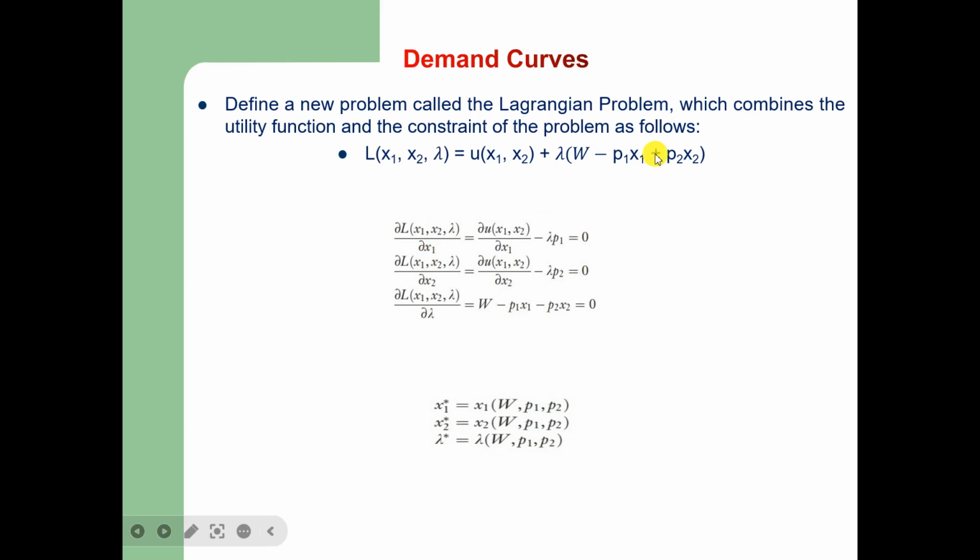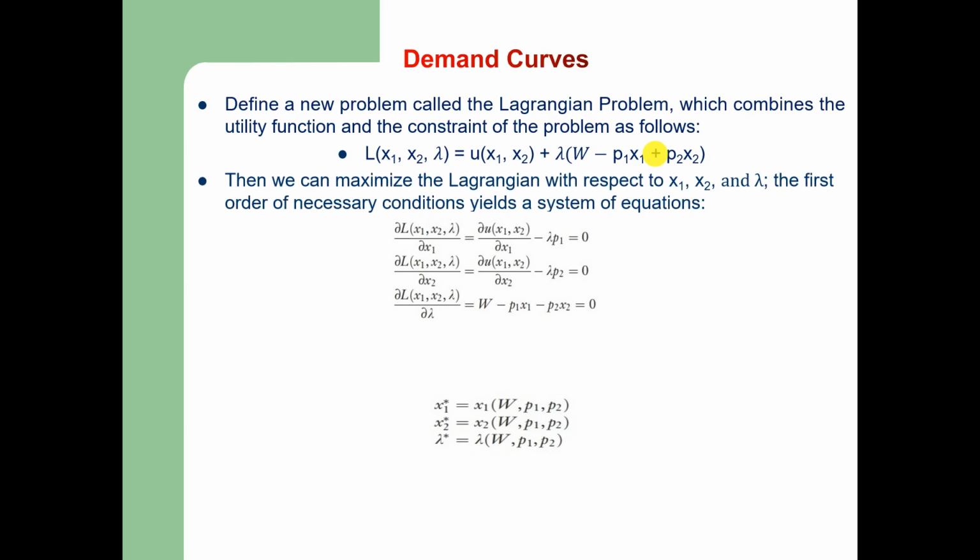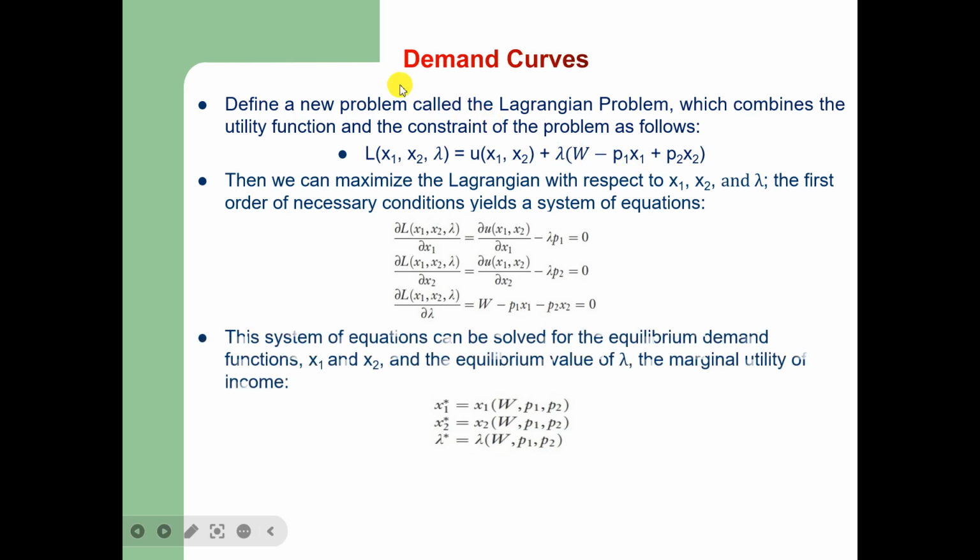So this is the Lagrangian expression, and then we can maximize the Lagrangian with respect to x1, x2 and lambda, and the first order necessary condition yields the following system of equations.